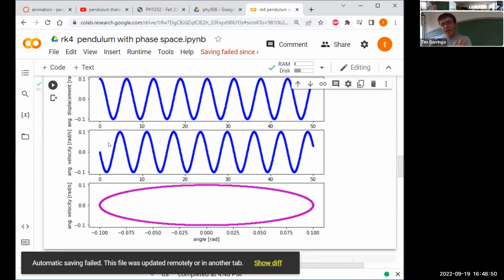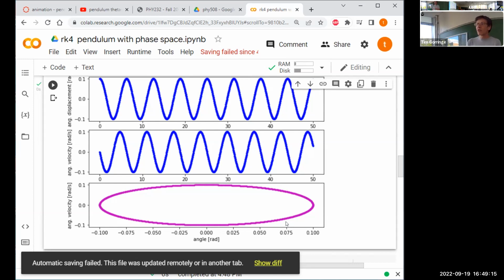When the angular displacement is 0, you're at the equilibrium point, and you have the maximum angular velocity. So these two are out of phase. And if you plot the angular displacement horizontally versus the angular velocity, you get this phase space diagram.